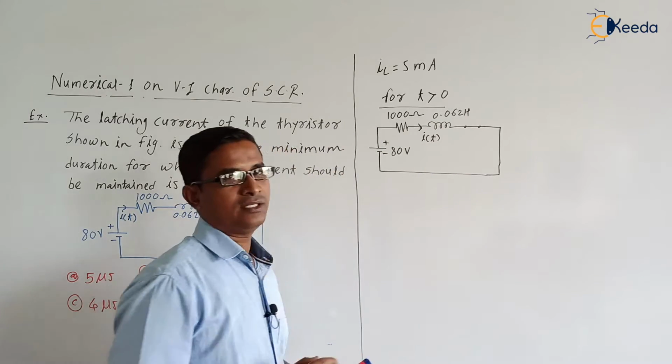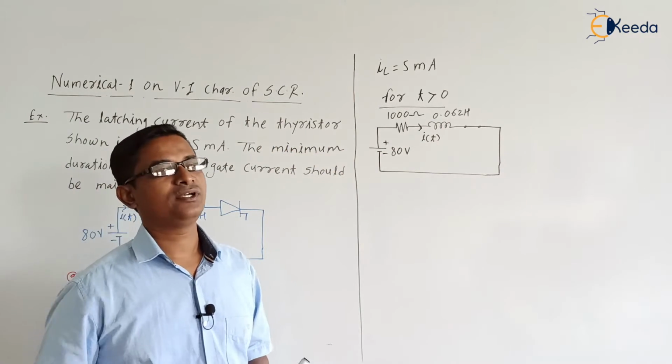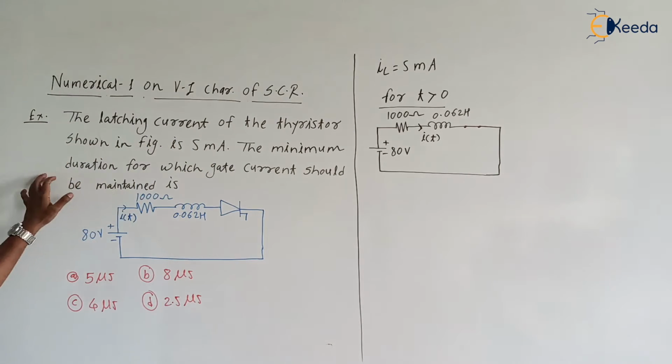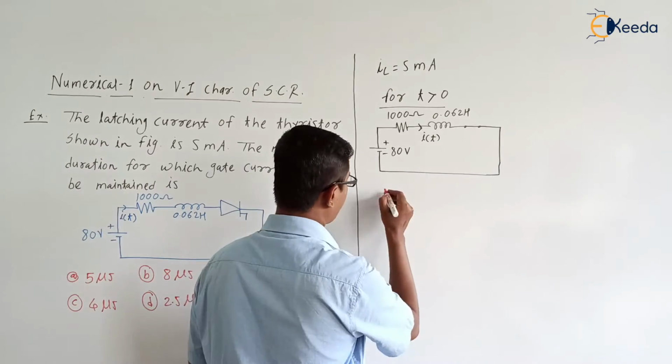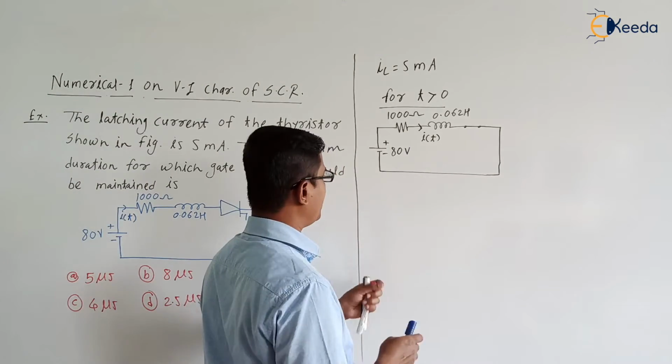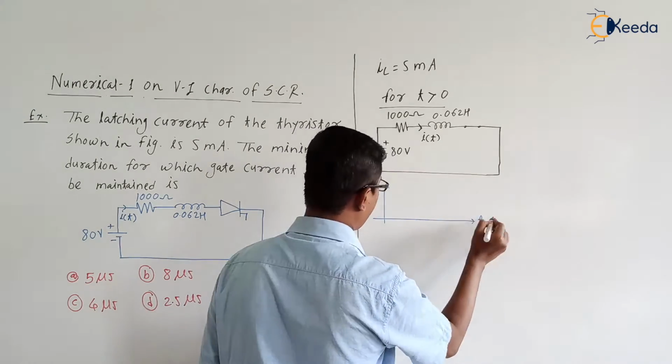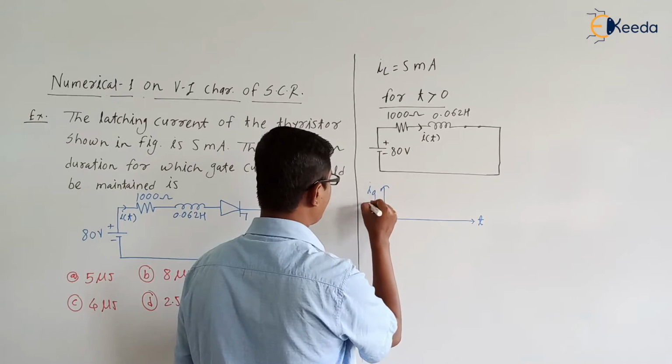Now we need to find the gate pulse width, the minimum duration for which the gate current should be maintained. Suppose this is the gate pulse, starting at time t equal to 0.